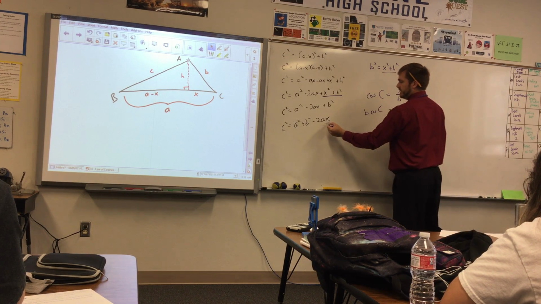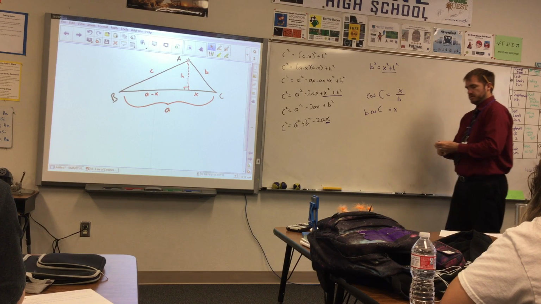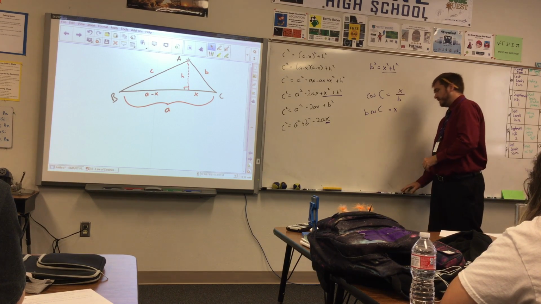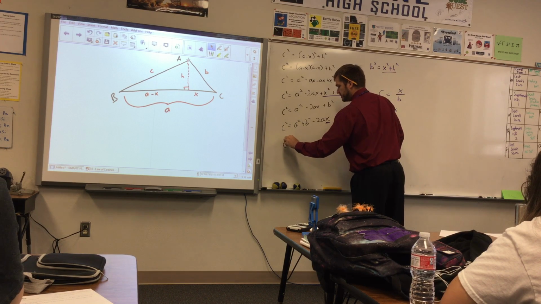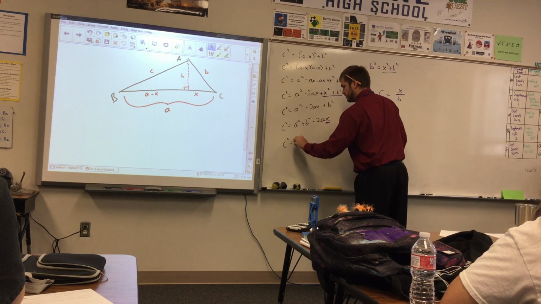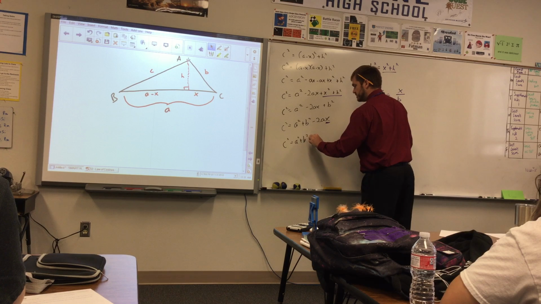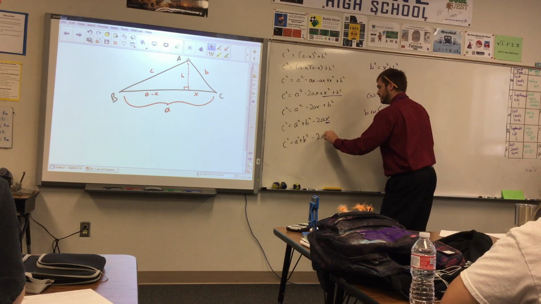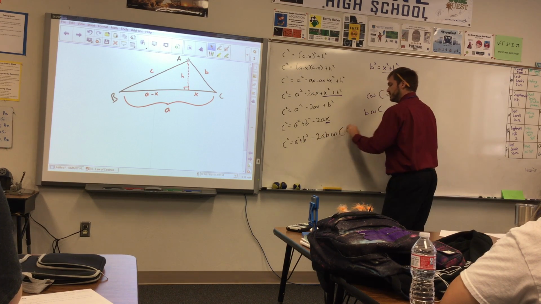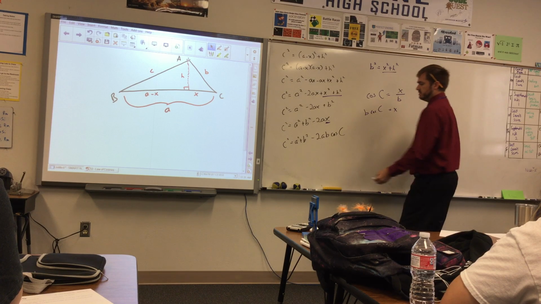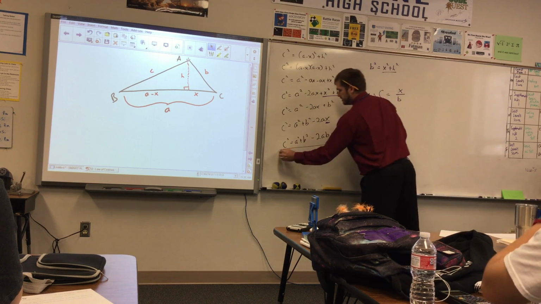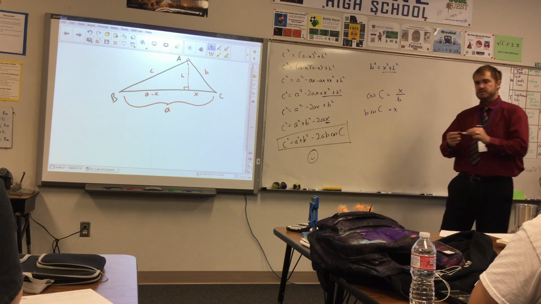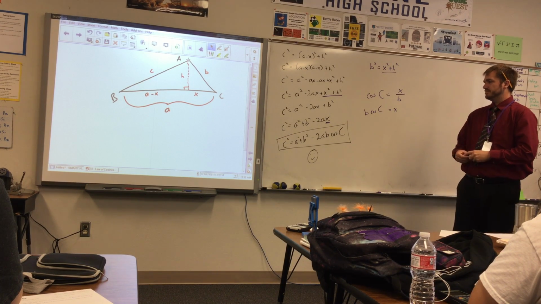And I'll substitute that in for that value of x right there. So my final answer here: c squared equals a squared plus b squared minus 2ab cosine C. And that, my friends, is the law of cosines.